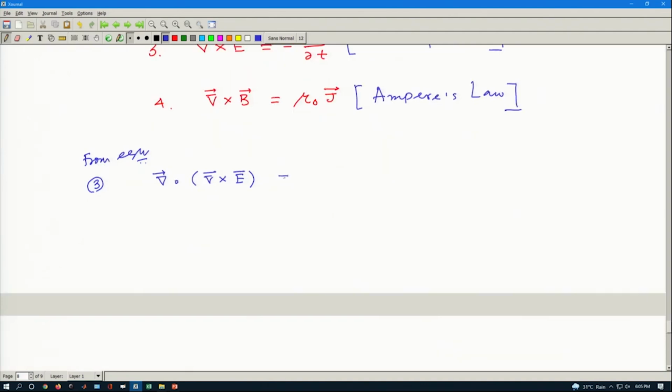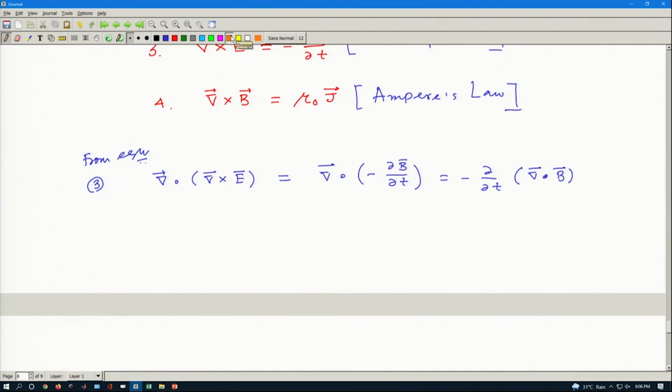From equation 3, the right hand side is the divergence of minus del B del T, and that I can write as minus del T of the divergence of B. I can exchange these operators because they are independent, but this quantity is 0.